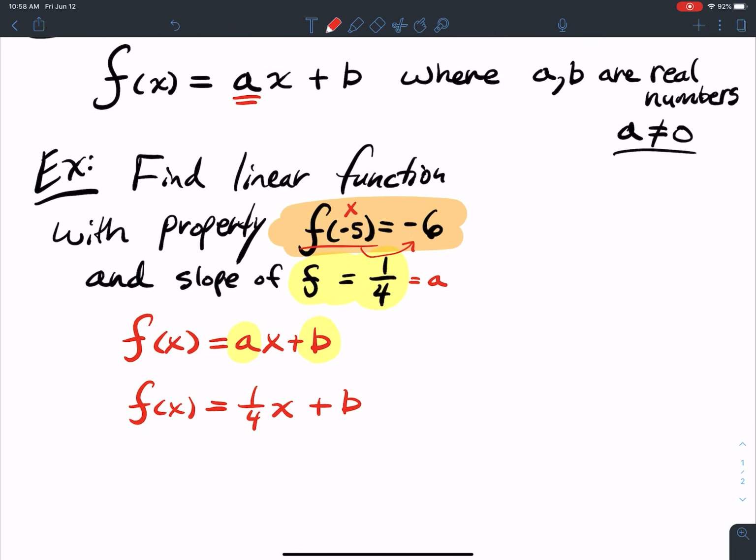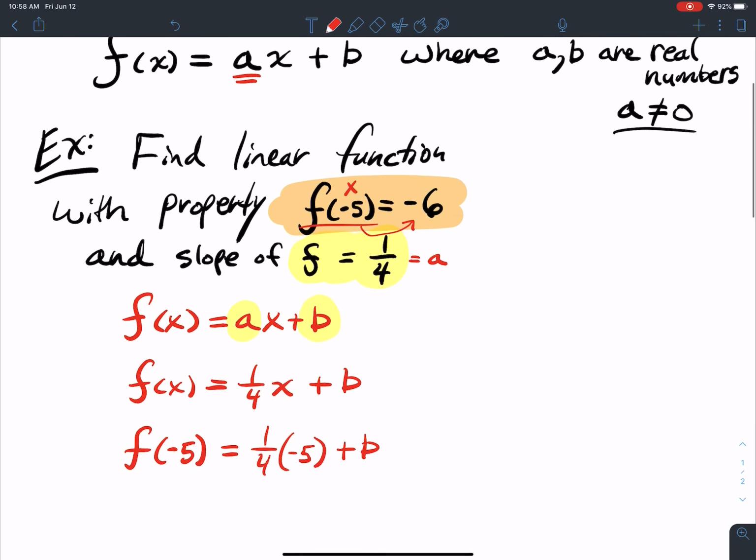So let's replace f of x with f of -5. That means everywhere I see an x, I put a -5. And we said that this f of -5 equals -6, so I'm going to replace it with a -6. Multiply through, get -5/4 plus b.